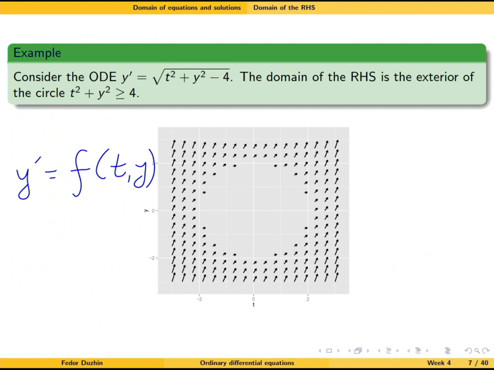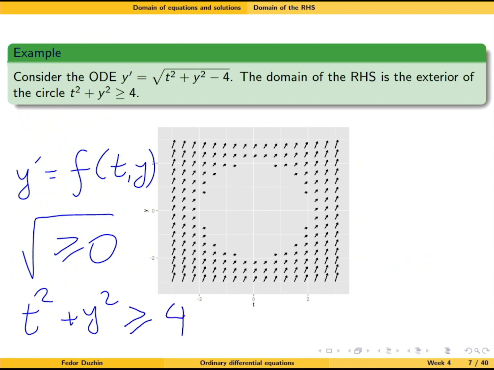So let's go through a few examples of the domain of the right-hand side of the differential equation. Here, the right-hand side has a square root, and for a square root to be defined, the expression inside the square root has to be non-negative, right? So in our case, it means that t squared plus y squared is greater than or equal to 4.